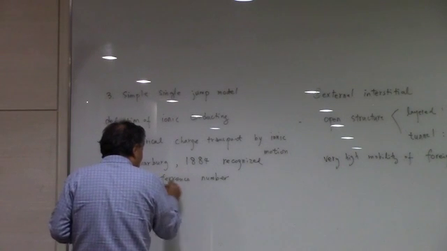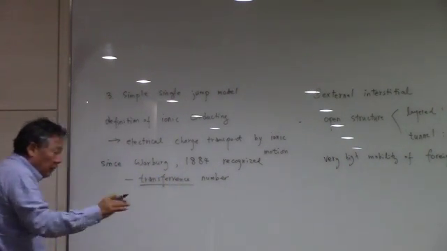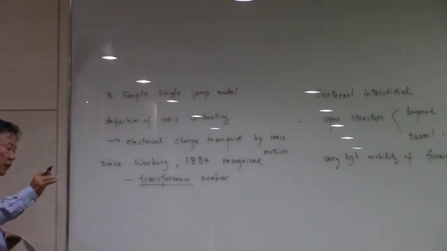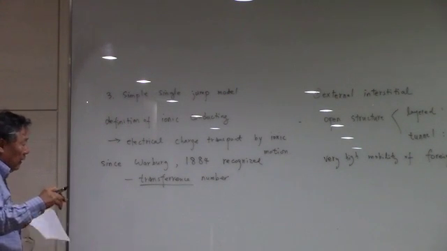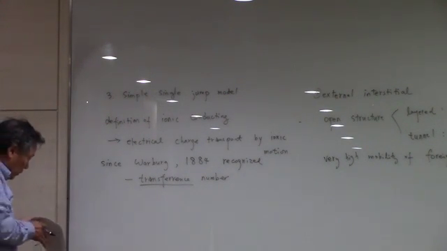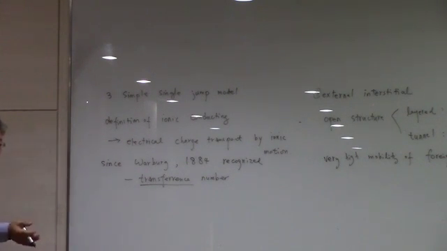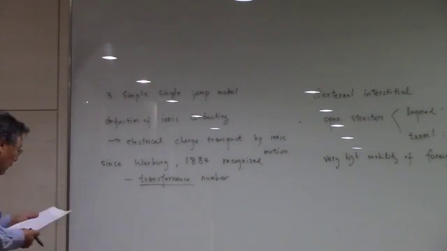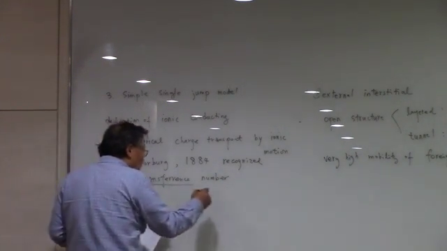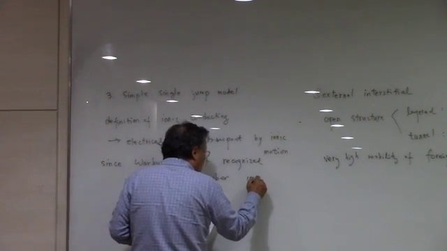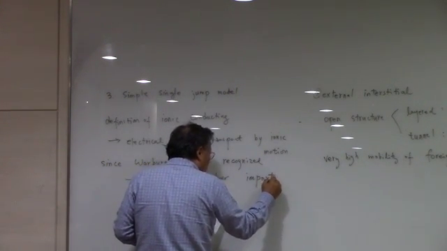The transference number is the ratio of the charge transport done by the ions or by the electrons. That transference number is important in superionic conductors.